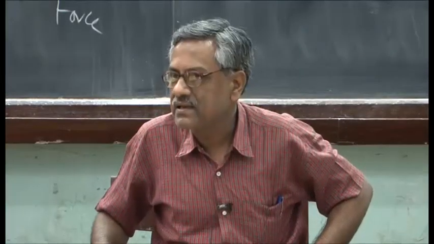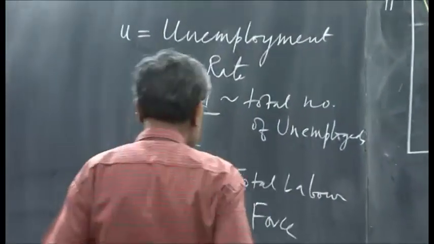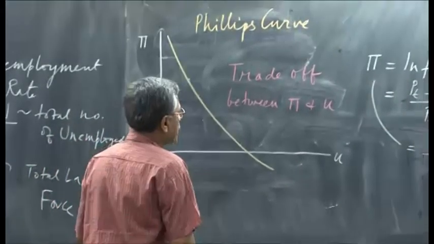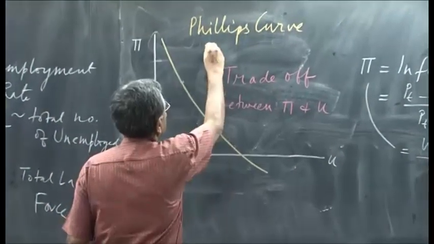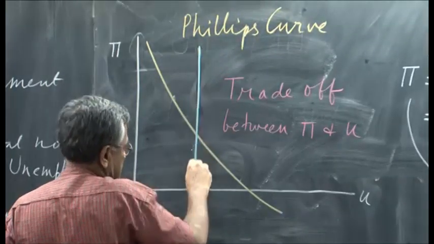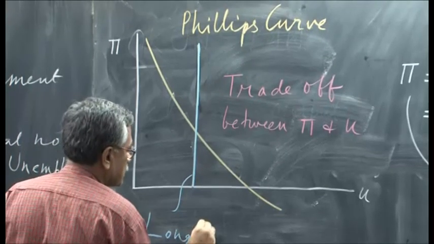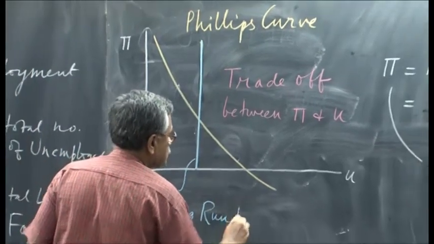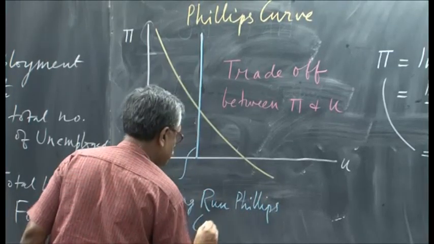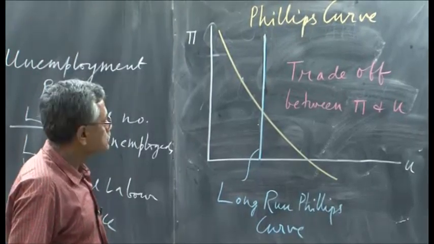They said a very interesting thing. If this is the short run, in the long run the Phillips curve is like this. This is the long run Phillips curve, which has no trade-off; it is absolutely a vertical line.